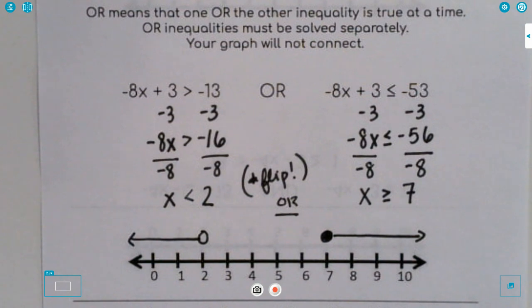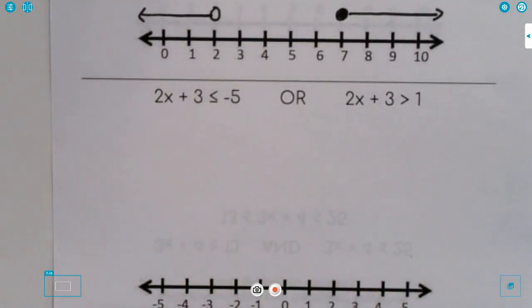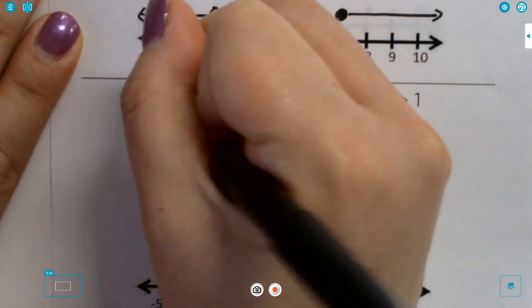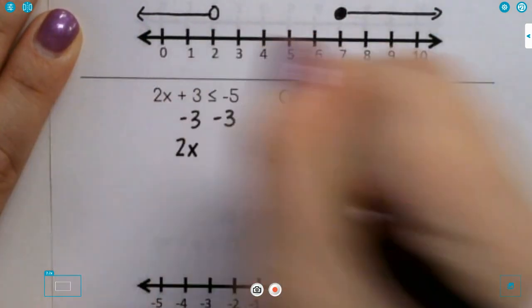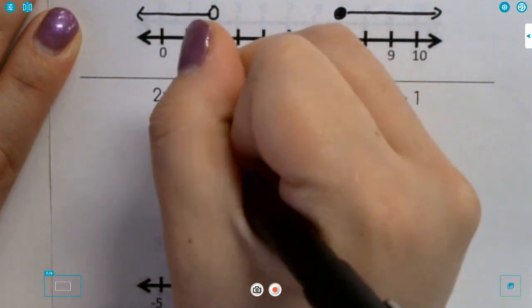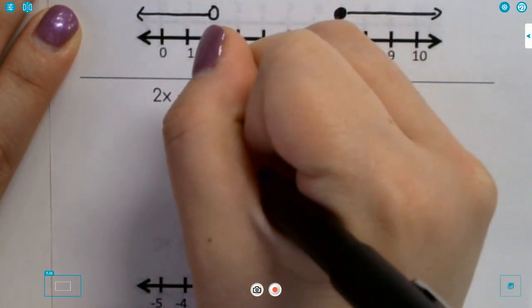Okay, so we're going to solve the next one. It'll solve out the exact same way. We've got 2x plus 3 is less than or equal to negative 5. So for that one, we will subtract 3 from both sides. I'll get 2x is less than or equal to negative 8.